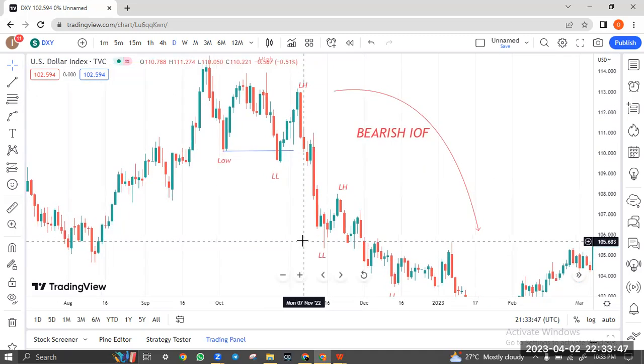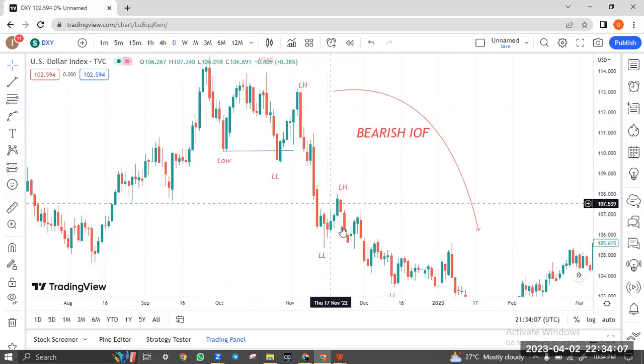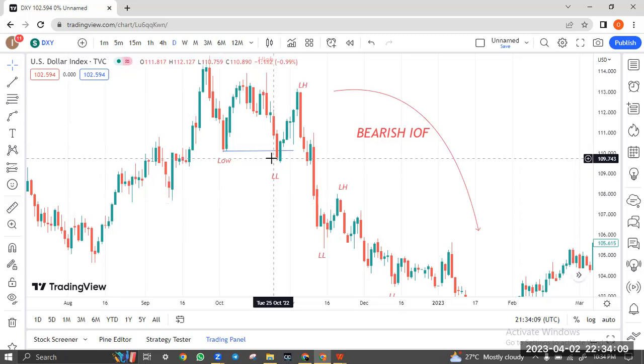So when they are pushing price downward, we say that institutional order flow at that point is bearish. So we have bearish institutional order flow and we have bullish institutional order flow. But now we are observing a bearish institutional order flow.